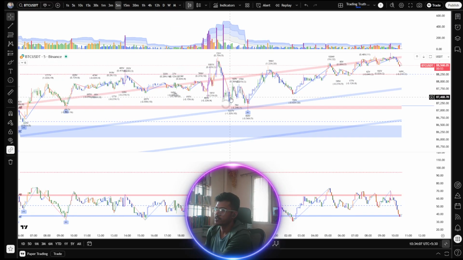So if you notice, there are three laws in trading, just like we have Newton's three laws of motion. We also have these laws of motion in the market, and those are, first, supply versus demand, the law of supply and demand.